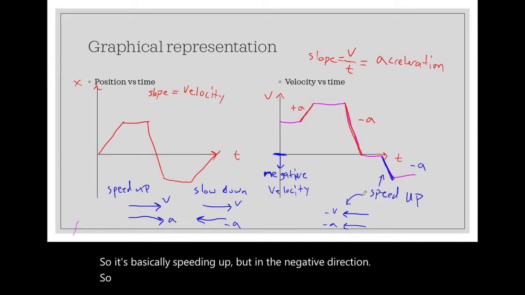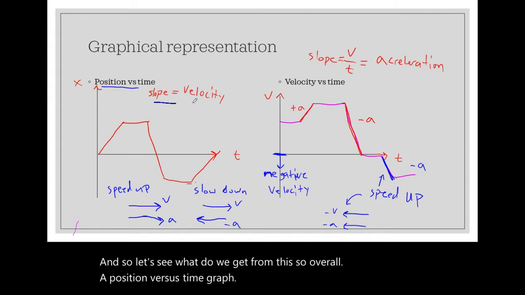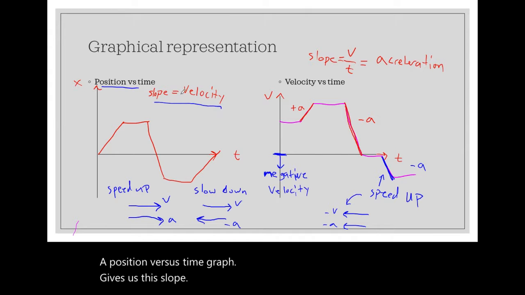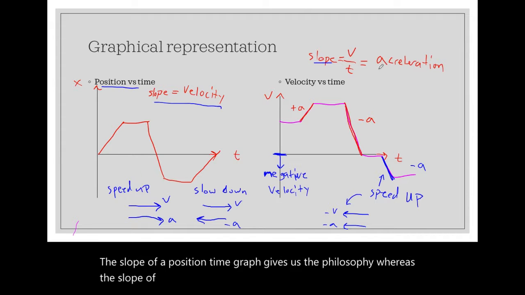So I just want to point that out. And so let's see, what do we get from this? Overall, the slope of a position time graph gives us the velocity, whereas the slope of a velocity time graph gives us the acceleration. Okay.